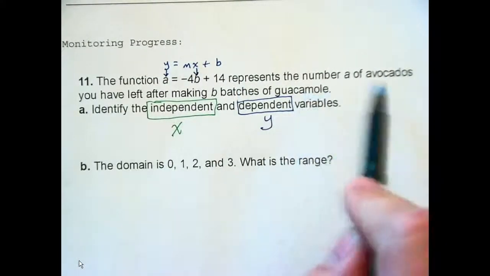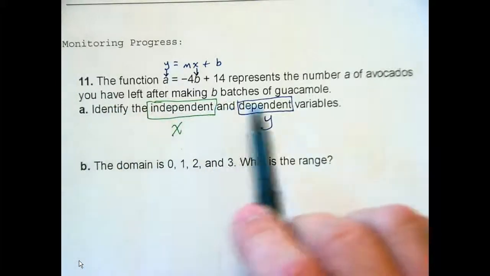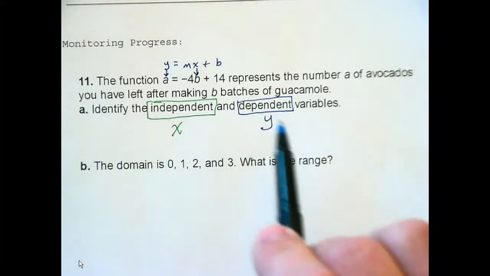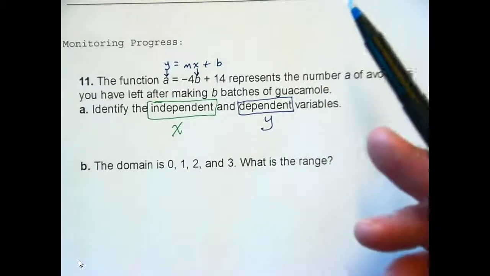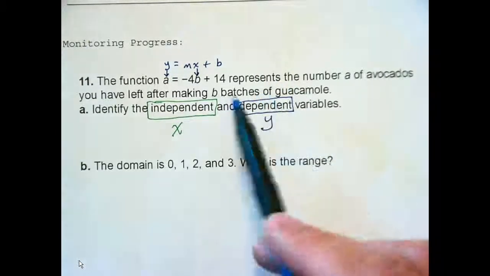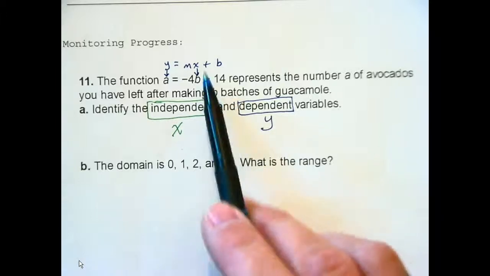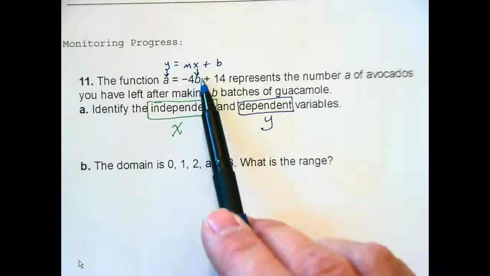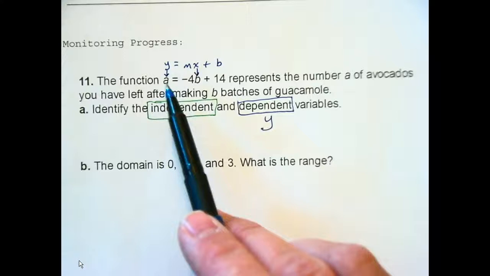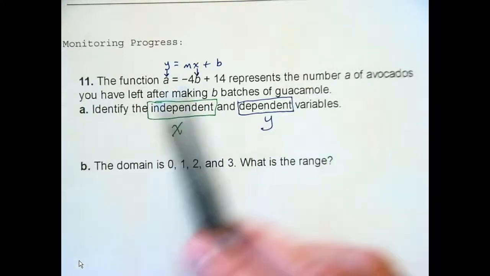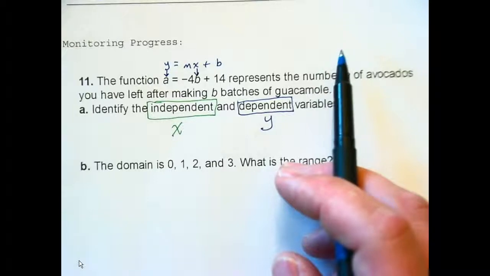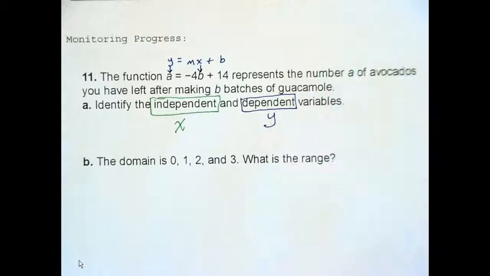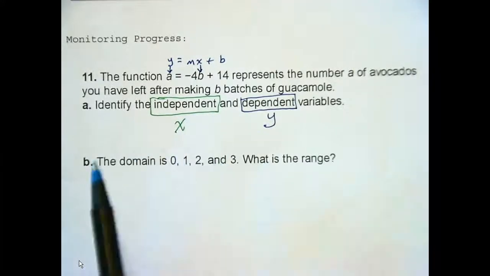The number of avocados you have left after making b batches of guacamole. Well, if I make one batch, I'm using avocados. So the number of batches I make, that is my independent. My dependent is how many avocados I have left. If I make one batch, I'm going to have more left than if I make 5 batches. If I make 3 batches, I'm going to have more avocados left than if I make 20 batches.